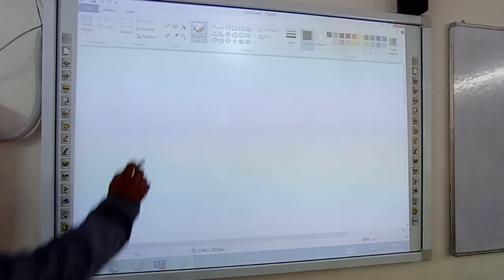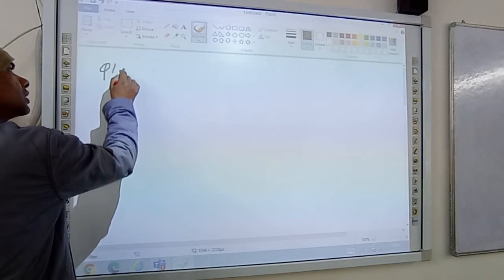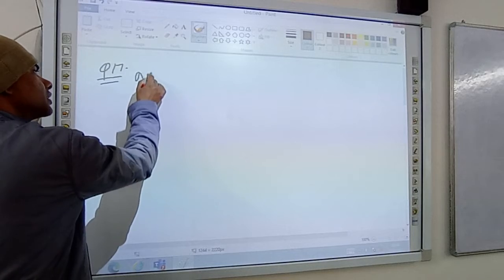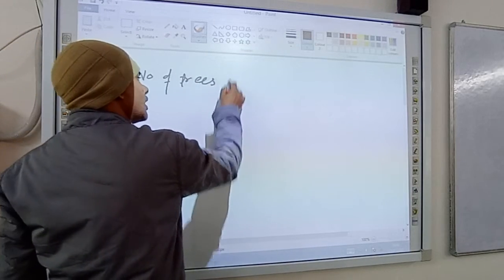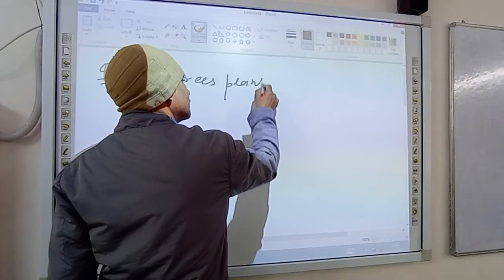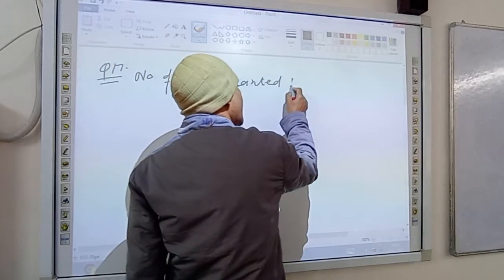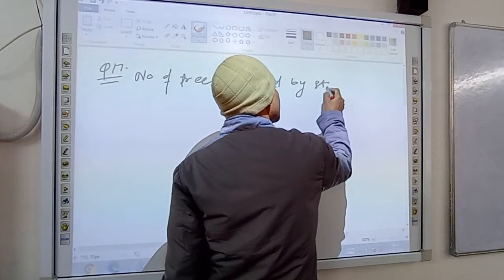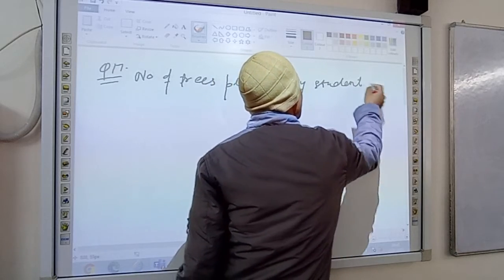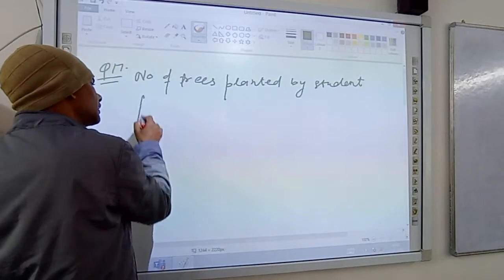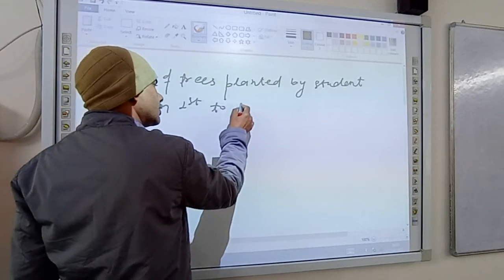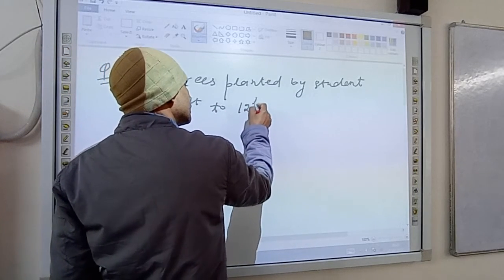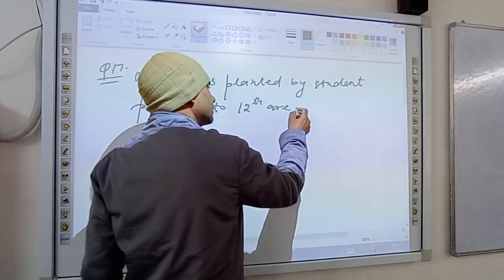Question number 17. Number of trees planted by students from 1st to 12th are as.